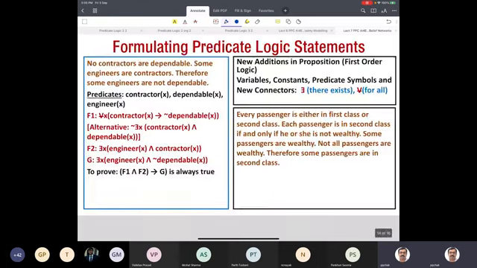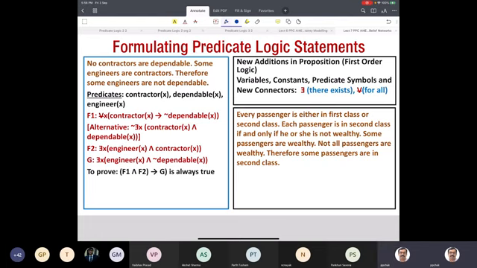And just before concluding, this logic has many more details. We just did Boolean logic, but logical inference has much more than that. While we did only Boolean level probabilistic logic, there is higher logic called predicate logic, where you can formulate sentences in a much deeper form, like saying no contractors are dependable, some engineers are contractors, and therefore some engineers are not dependable.